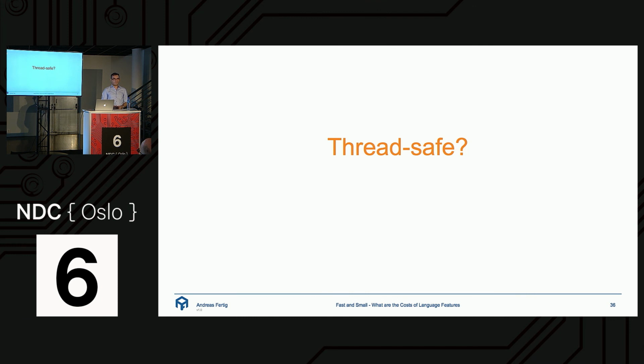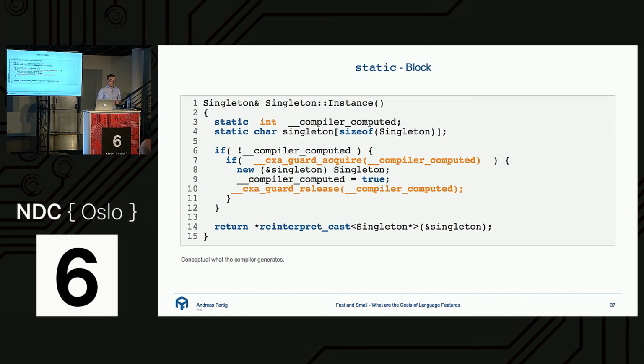Thread safe. That's not always an easy task for us, so how does the compiler do it? Based on the example from before, our bool increases slightly to an integer. The lower byte of the integer is still used as a bool to keep track of the initialization state.